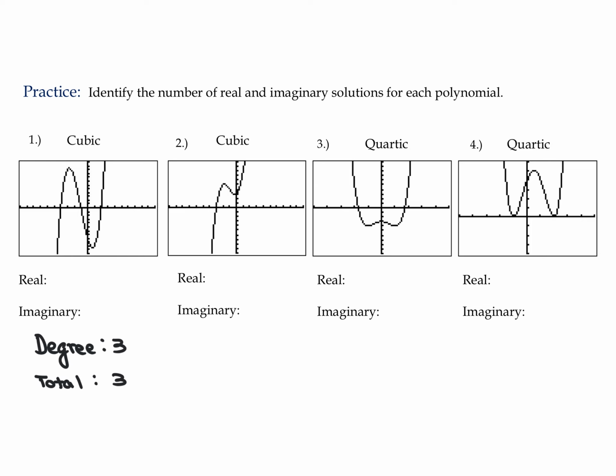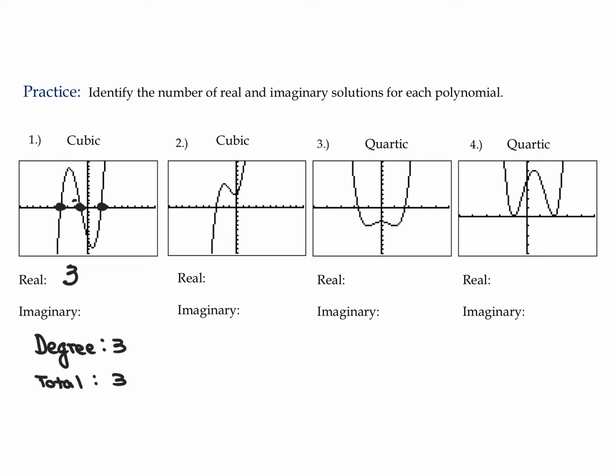First of all, I'm going to find my real roots, and that means I'm looking for the x-intercepts of the graph. There are 3 x-intercepts, therefore there are 3 real roots. Because the graph passes through the x-intercept to the other side, it has a multiplicity of 1.